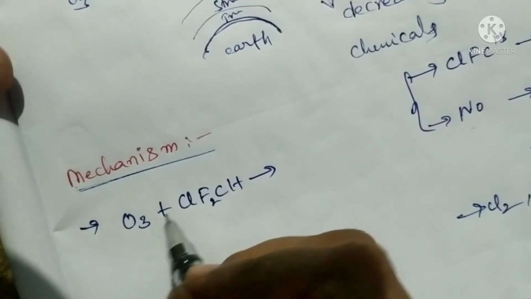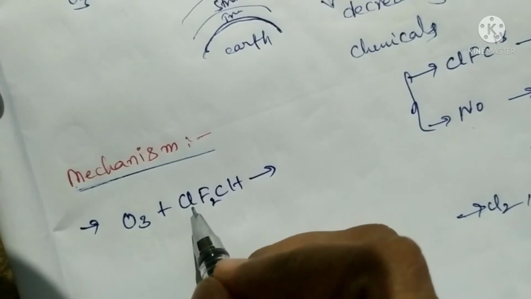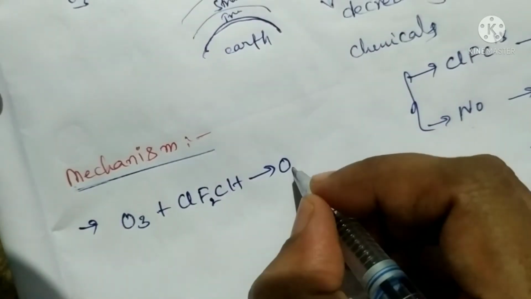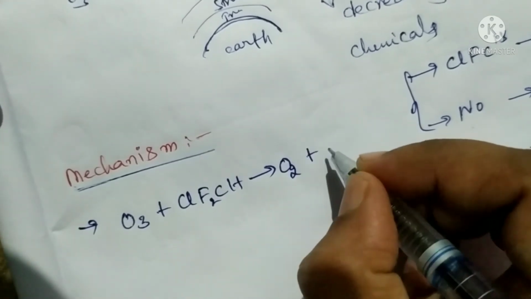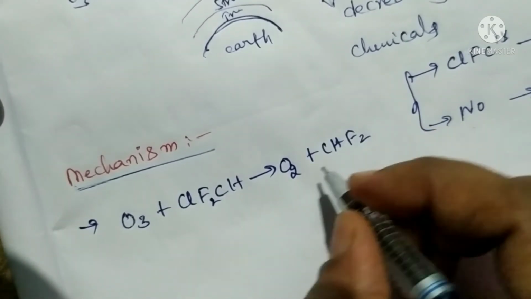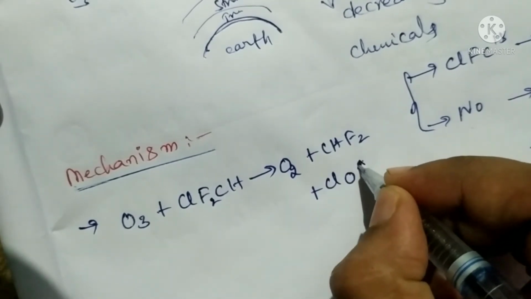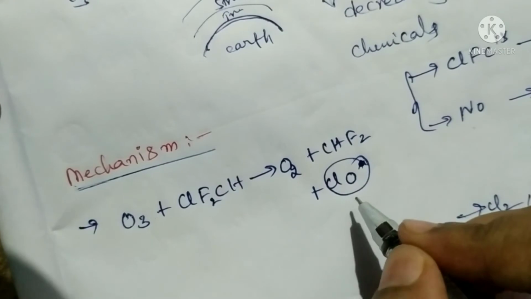Here oxygen reacts with chlorine and the ozone is depleted into oxygen gas and CHF2. Here the main species is the chlorine oxygen free radical. This is a very active free radical.